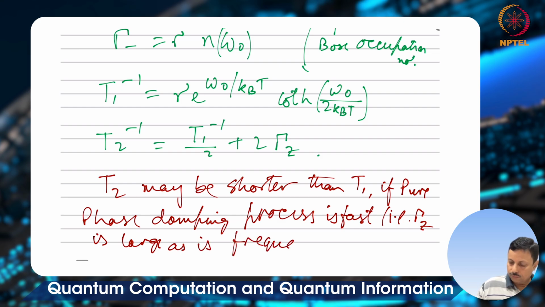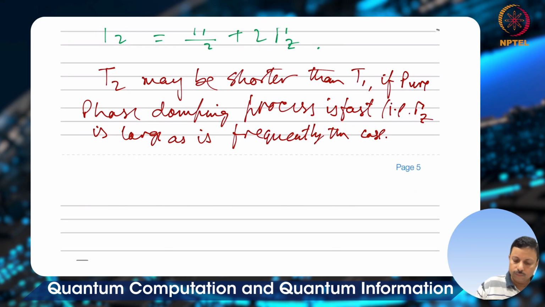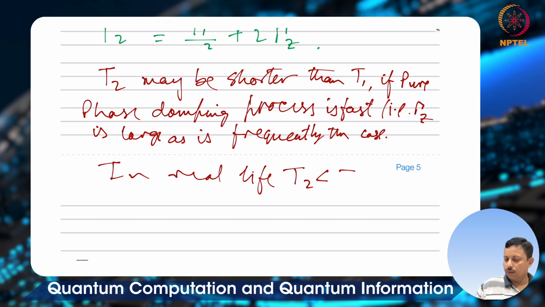Basically sigma z gives you the phase damping. In real life, T2 is actually less than T1. Very good. So with that, we wind up this example.